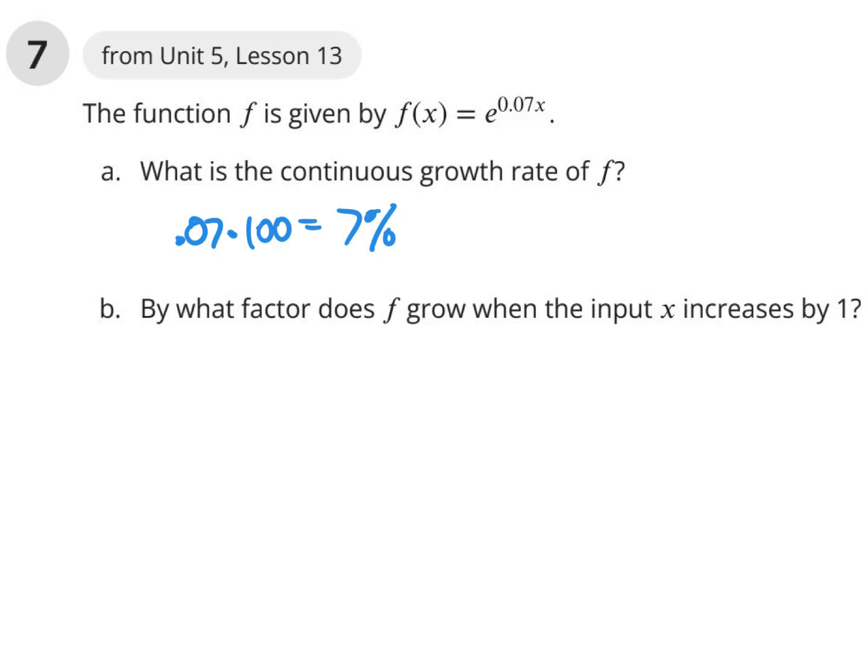Okay, that leaves us with e to the 0.07 times 1, and this gives us 1.0725, rounding to 4 decimal places.